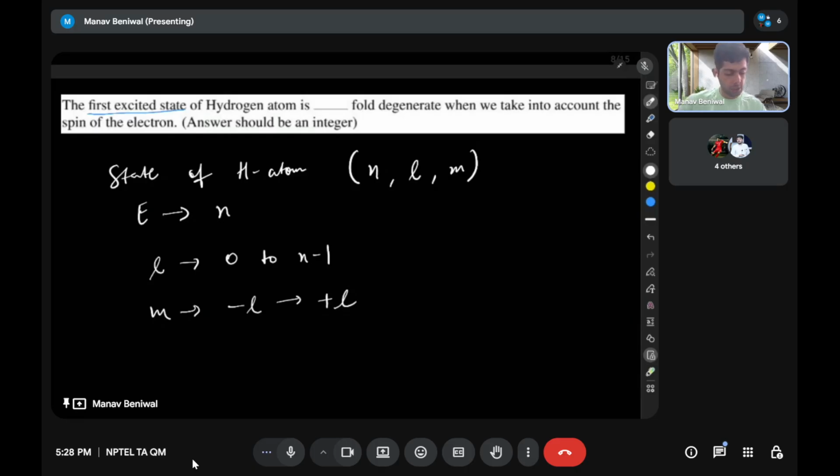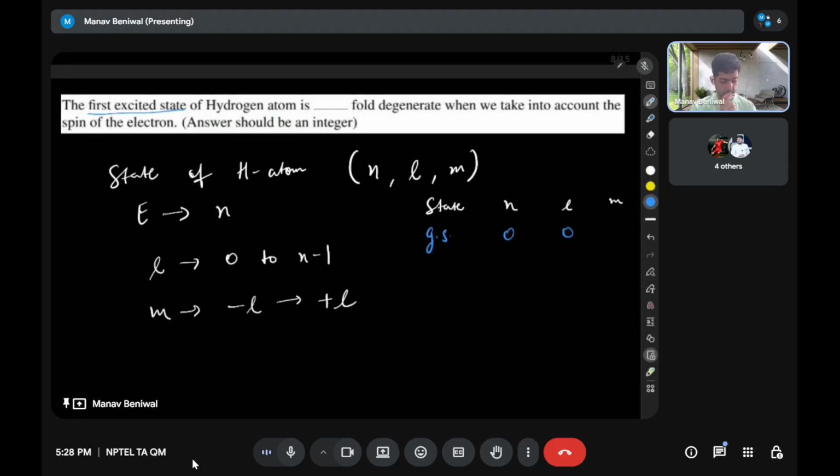So let me write here the state, the value of n, the value of l, and the value of m. For the ground state, n is 1, then we can have only one possible value of l, which is 0, and again only one possible value of m.